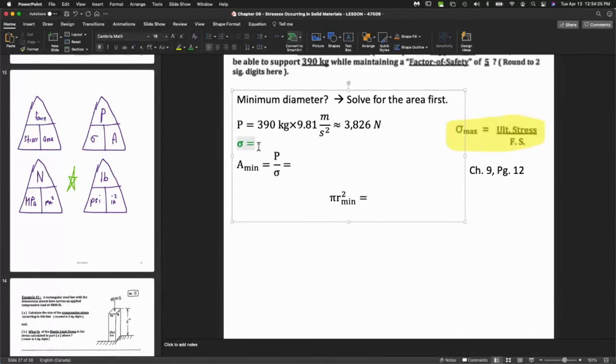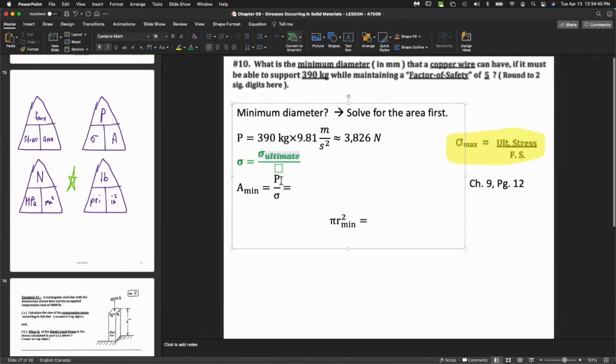So we can say here that the factor of safety is 5. So we're going to have the ultimate stress. What's the material? It's a rhetorical question. I'm just reading the question to myself as well. Thank you, copper. And the factor of safety in this case is 5. Now, if you don't mind, I'm going to cheat because I did this earlier.